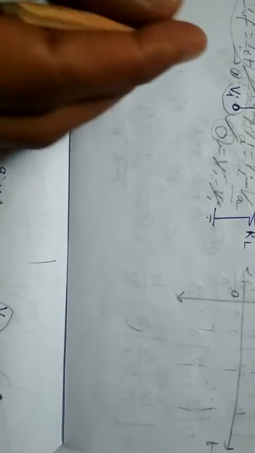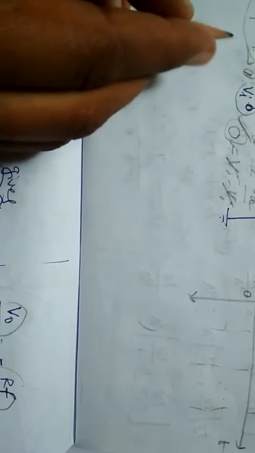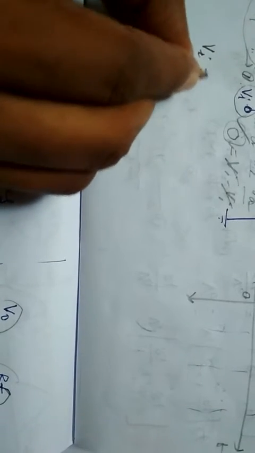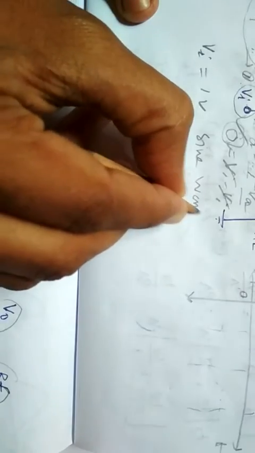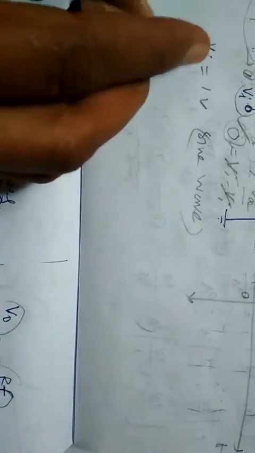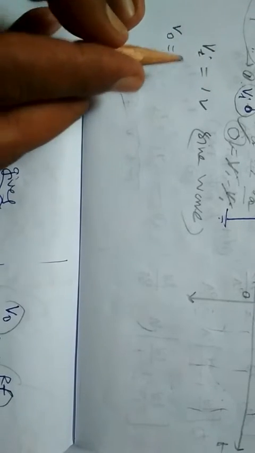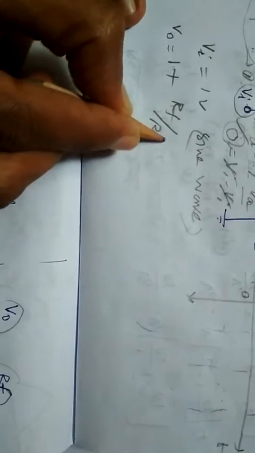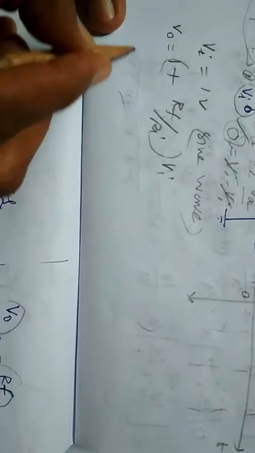If you want to test an example and draw the input and output waveforms for this non-inverting amplifier, we can choose Vi given to the circuit as a 1 volt sine wave. So we give a sine wave with an amplitude of 1 volt, and we know the output of the non-inverting amplifier is 1 plus RF by RI into Vi.